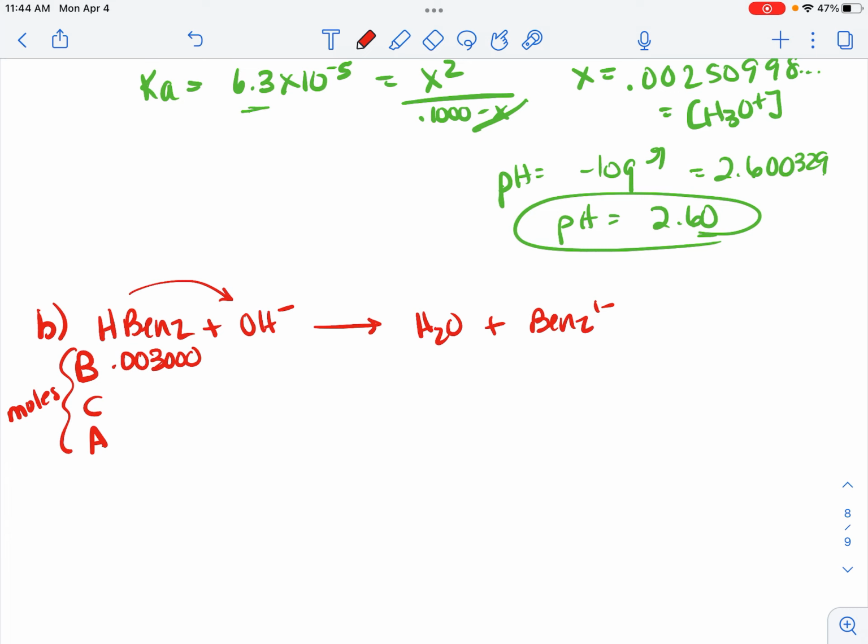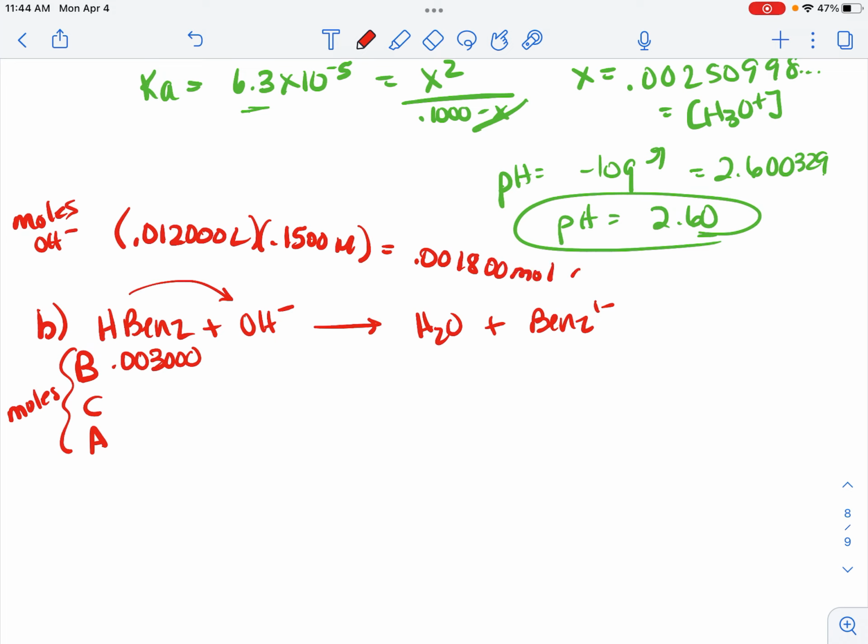And I need to figure out how many moles of OH minus I've added. So I'm going to do 12 milliliters or 0.01200 liters times its molarity. So this is going to be finding moles of OH minus times its molarity at 0.15 molar. Tells me that I have 0.0018000, oops, too many zeros, moles of OH minus. So that's going to go here. And I don't have any of this, or I don't care about the water, and I don't have any benzoate ions because I'm starting from scratch.